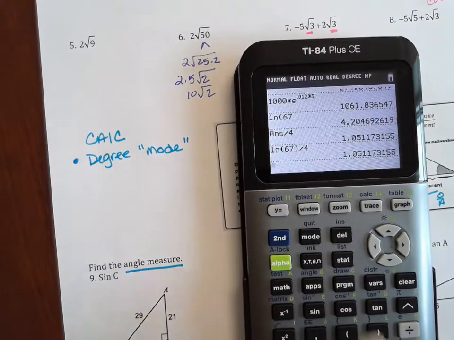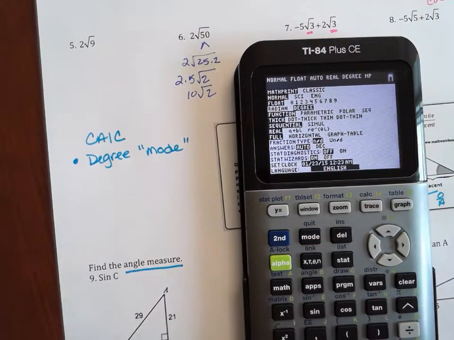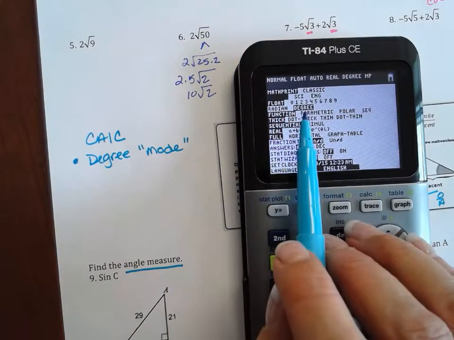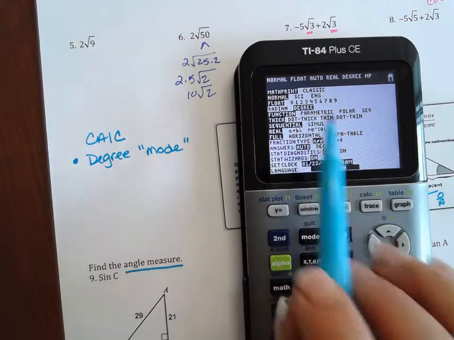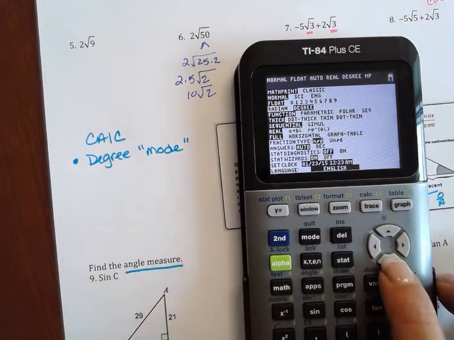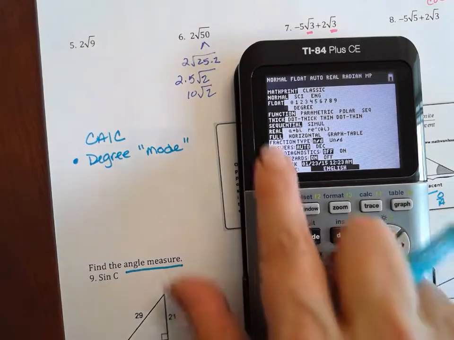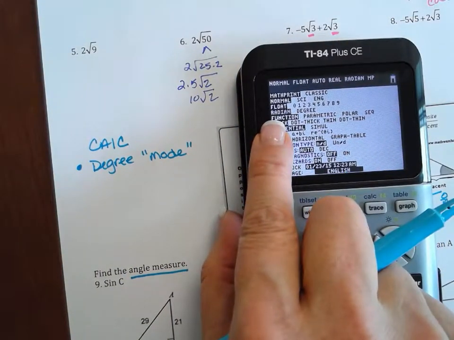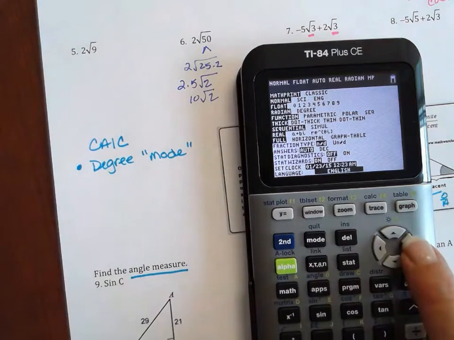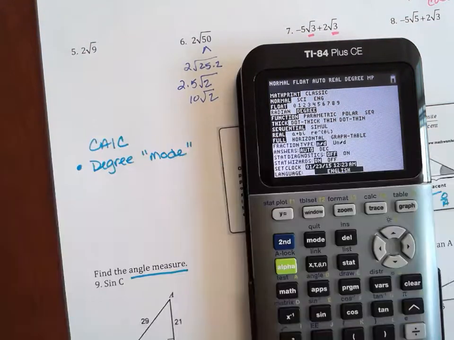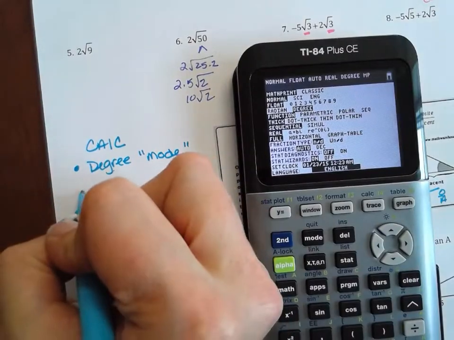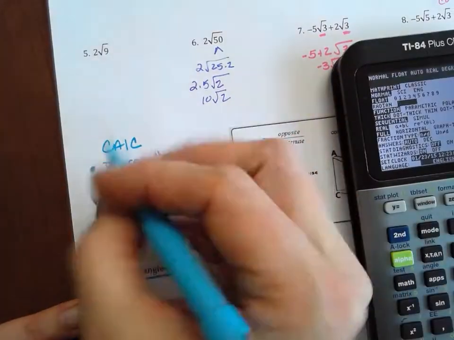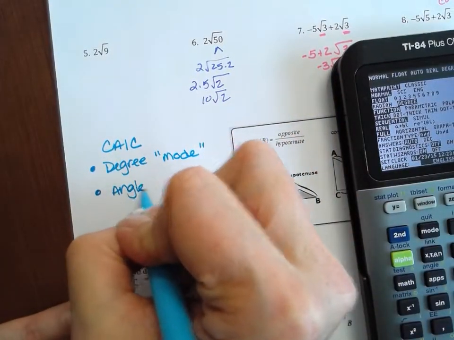You see how it's got degree right there? I already changed mine. If it's flashing on the radian, then you're in radians. You want to click over and change to degree mode because we're finding angle measure, which is in degrees.